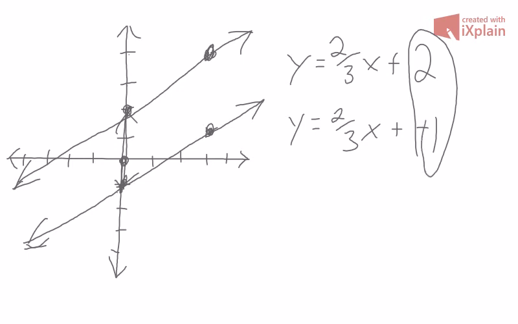Then at the point where x equals 3, the lines are still 3 units apart. At any value you use for x, these lines will be exactly 3 units away from each other, which means they will never touch. Okay, so that is the concept of parallel lines.